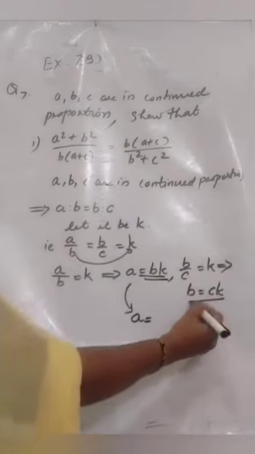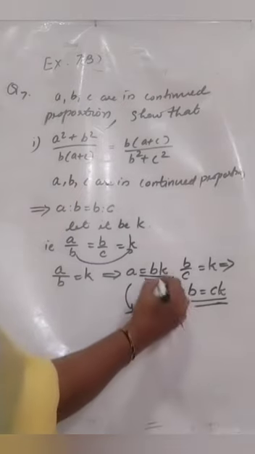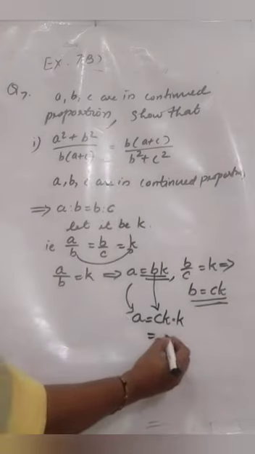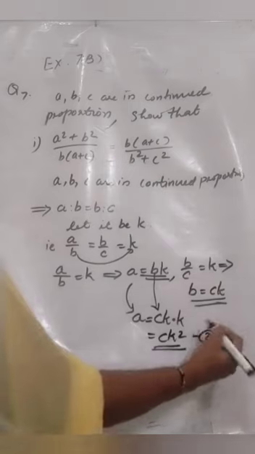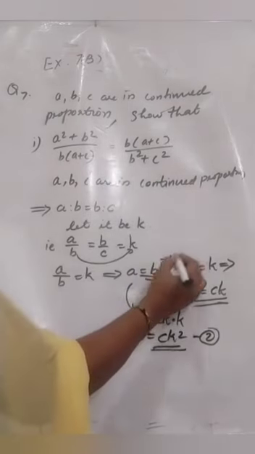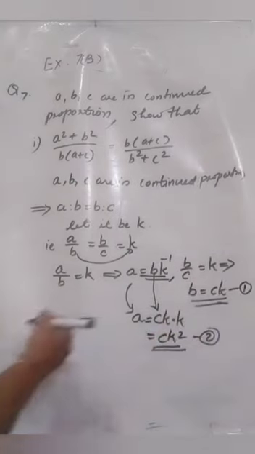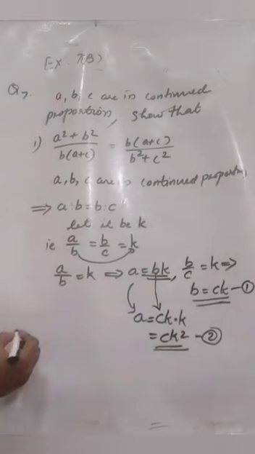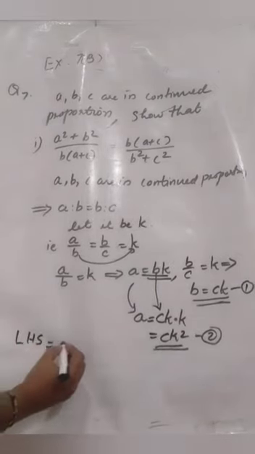A is equal to, instead of B, CK into K, that is CK square. So we have this value A as CK square and B as CK. Substitute the values in the LHS and RHS so that we can prove.